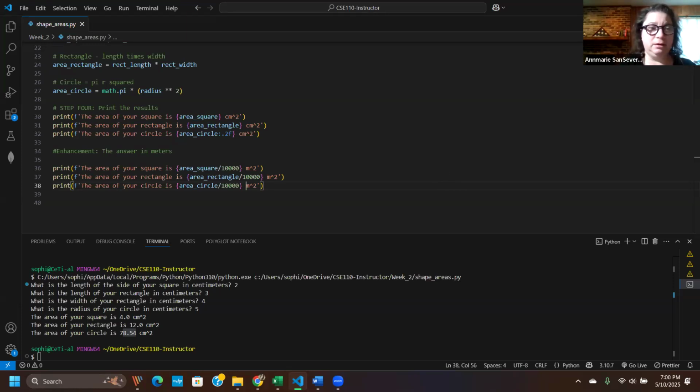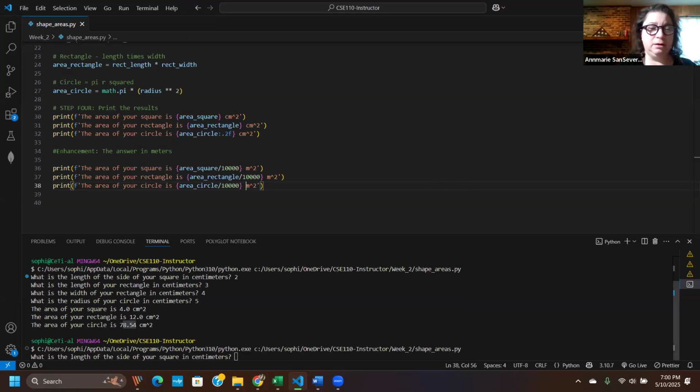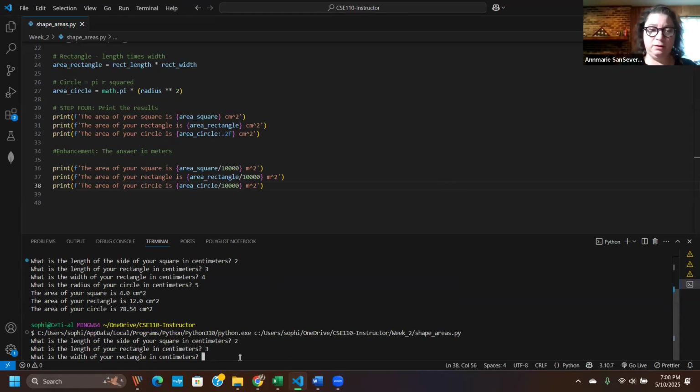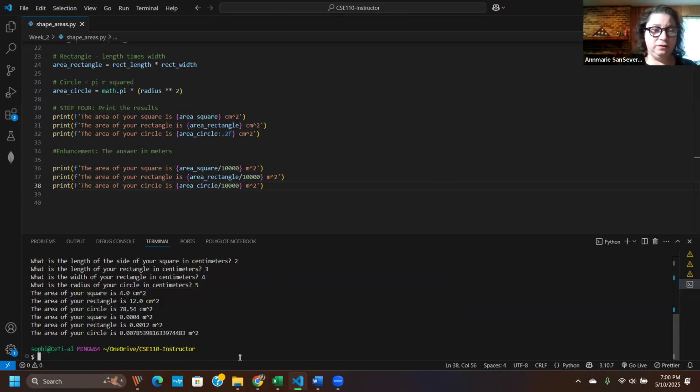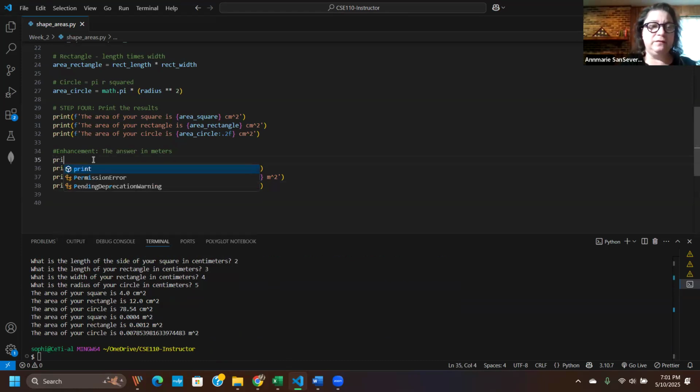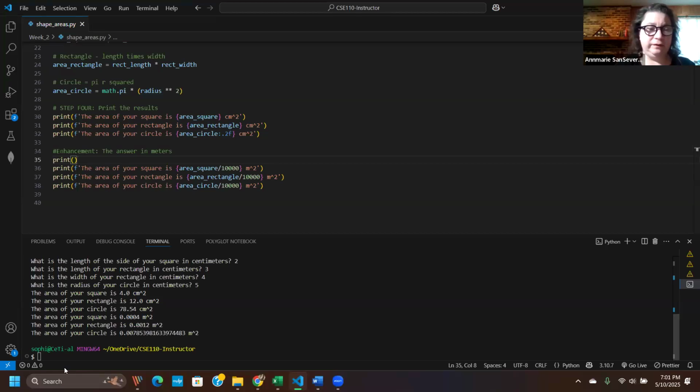Okay. 2, 3, 4, 5. So now we've got it in. I probably could have made this a little better by putting a blank print here, so we have a space between them all. Let's look at that.